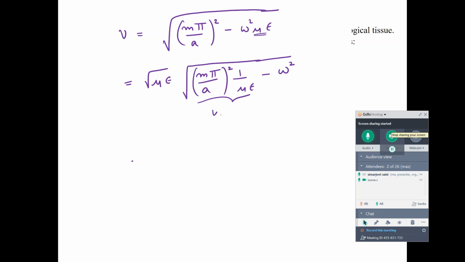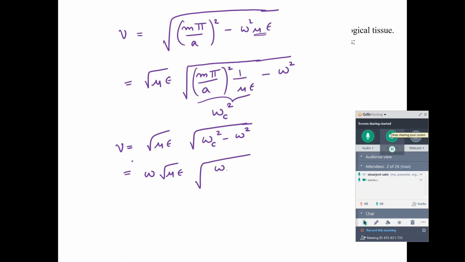But this term is nothing but the cutoff frequency ωc. It's saying this is με square root of ωc² minus ω². I can take even ω out. I can write this as ω square root of με, (ωc/ω)² minus 1. That is the propagation constant which I have.